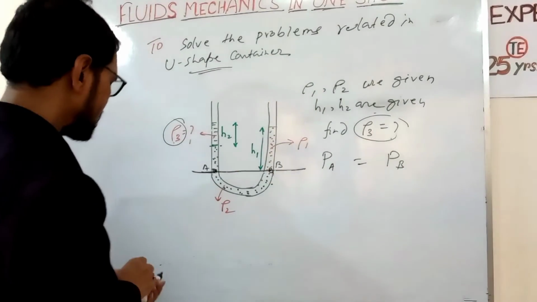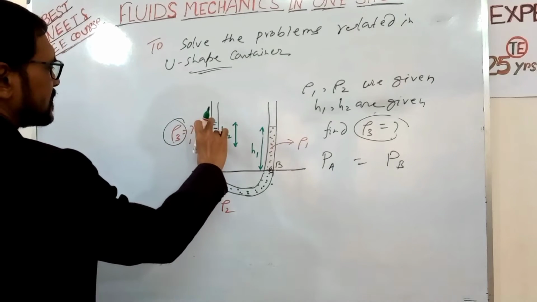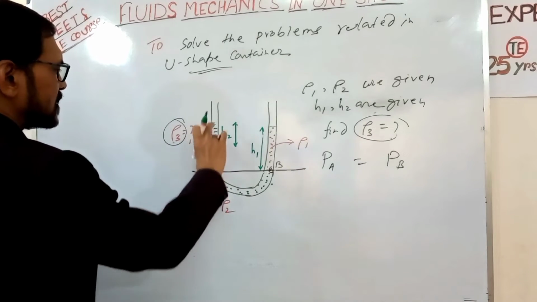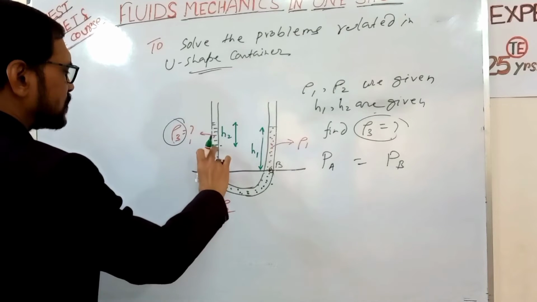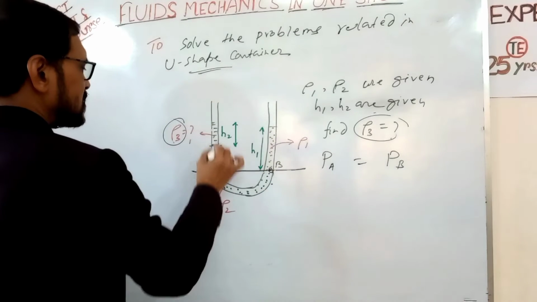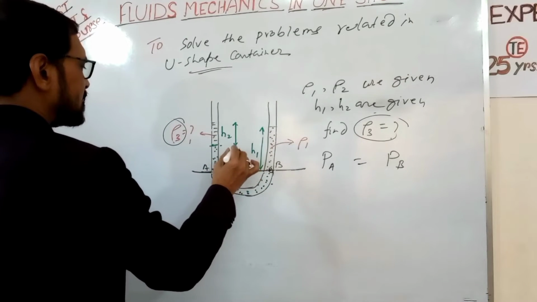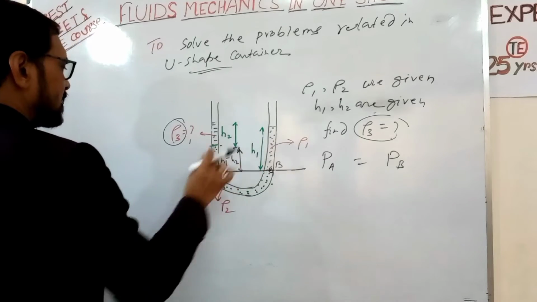Now what is the pressure at A? Here two liquids are present. The height of this liquid is h2, and the height of this liquid is h1 minus h2.